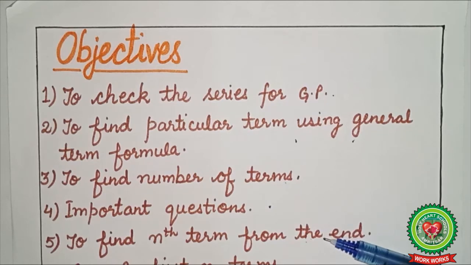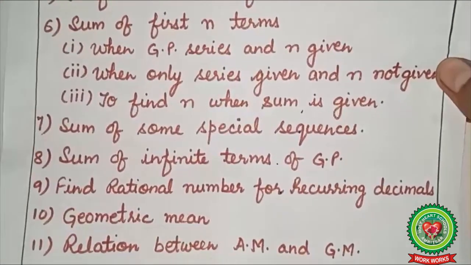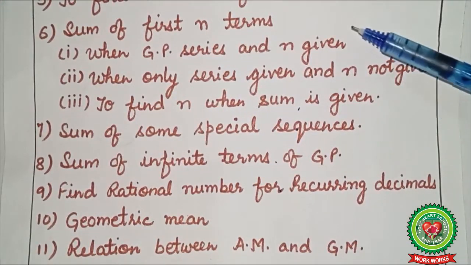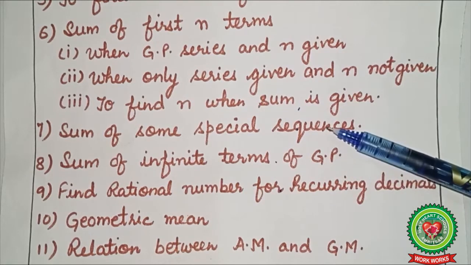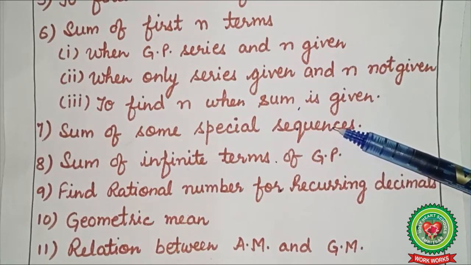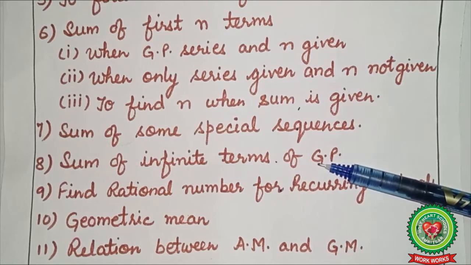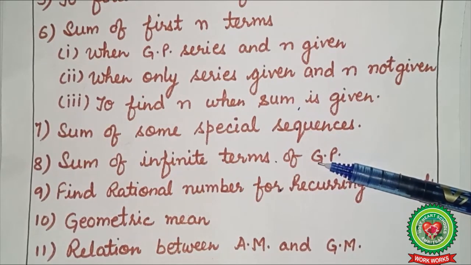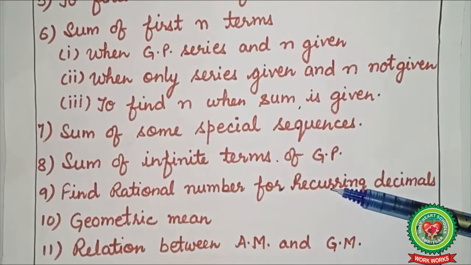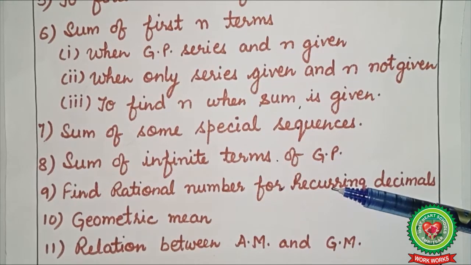Fifth, to find the nth term from the end. Sixth, to find the sum of n terms of a GP. Seventh, sum of some special sequences. Eighth, sum of infinite terms of a GP. Ninth, the application of the eighth objective, that is to find the rational number for recurring decimals.